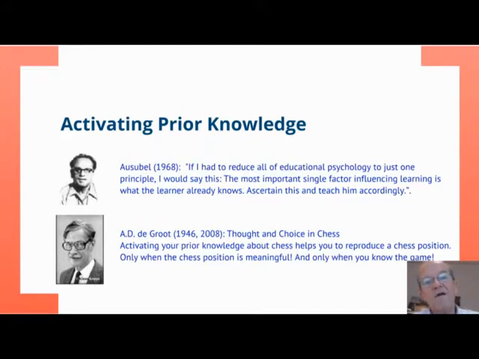Okay. Now the next step Adriaan de Groot undertook was taking, let's say, a pattern of pieces from an existing match, which was described in the literature. So he put the pieces on their place similar to what had been described in this book about the particular match.